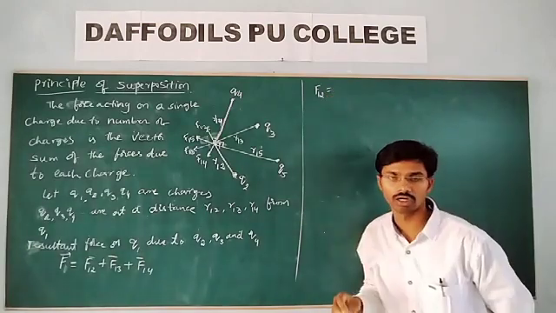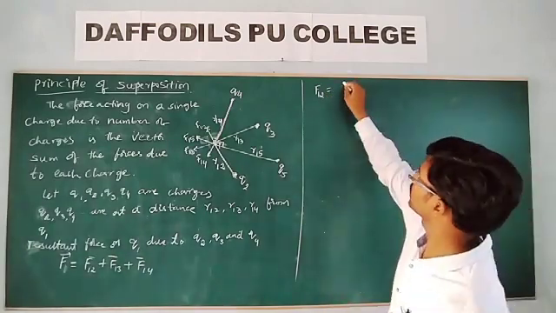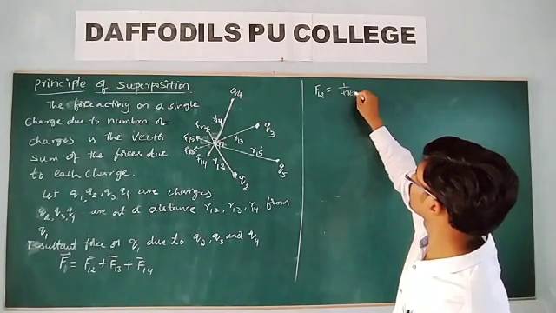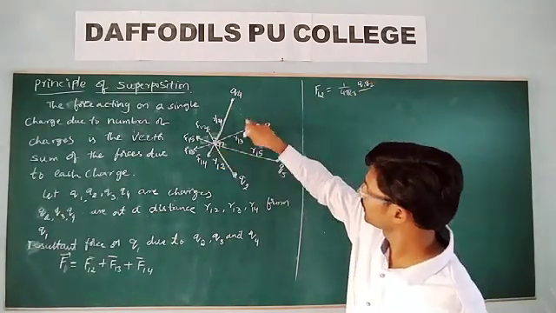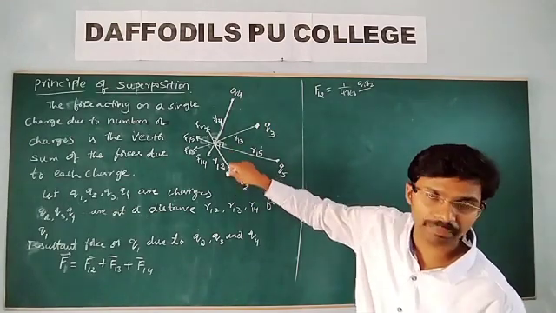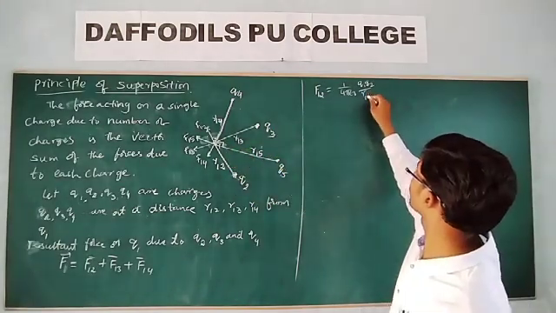F12 is nothing but 1 by 4 pi epsilon naught Q1 Q2 by the separation between these two charges, R12, whole square.